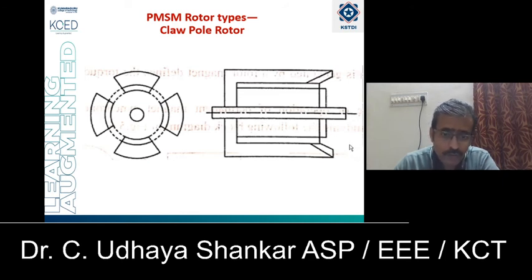The long soft iron extensions come out axially from the periphery of the discs like claws. It is also called Lundell poles as it was invented by the scientist Lundell. Hence, this type of rotor is called claw pole type or Lundell type rotor. There is a set of equally spaced alternate claws on each disc, forming alternate north and south poles.